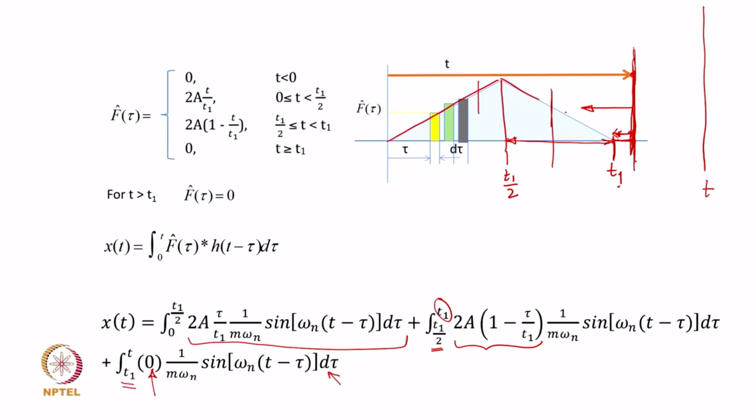Instead of a triangular waveform, if you have a sinusoidal or half sine, which is typically used for representing, let us say, an impacting force, then f cap tau will take the form, if this is again capital A, A sin omega t. Of course, you will have to see what variable you want to use.